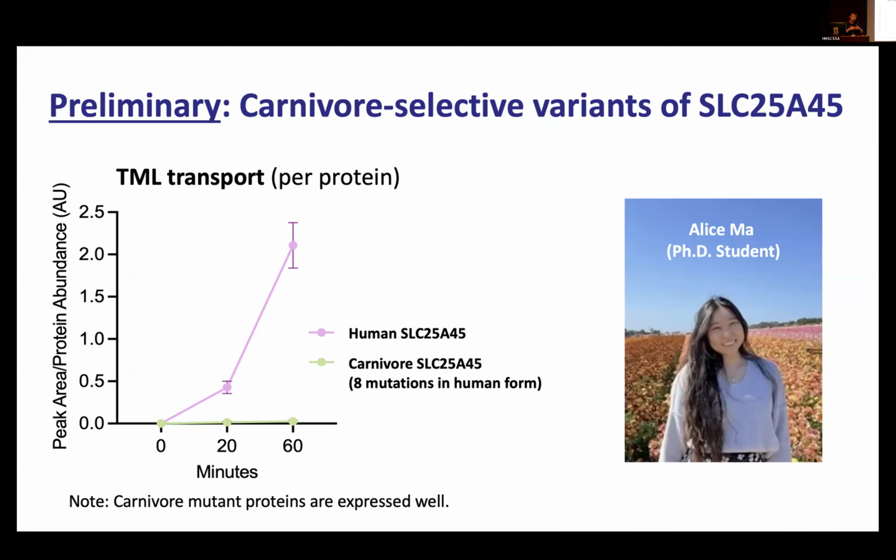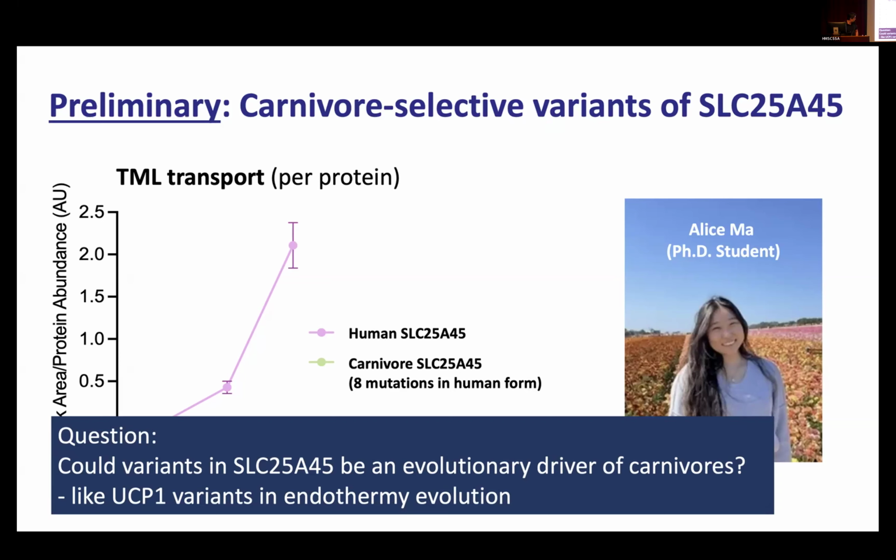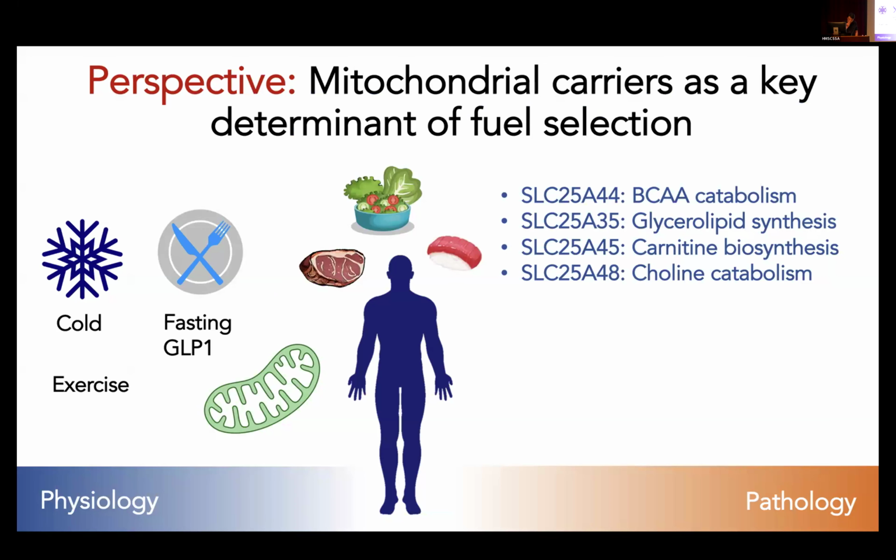That's the hypothesis, but it is a testable hypothesis. So we're excited. Maybe the variants in this gene could be an evolutionary driver of carnivory, like UCP1 in the evolution of endothermy.